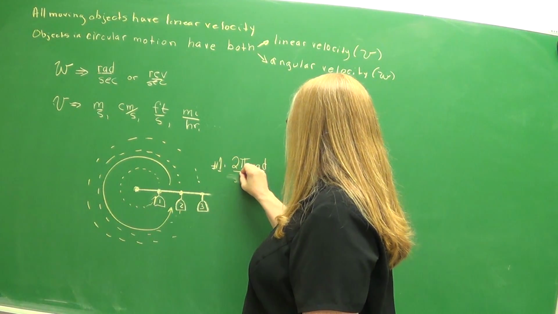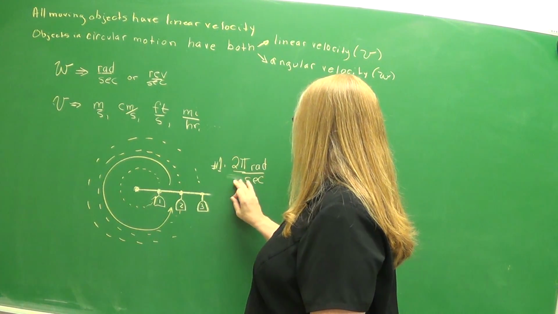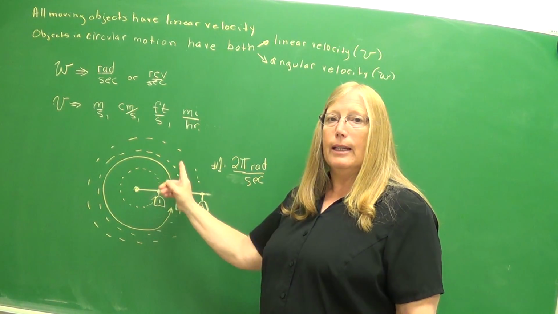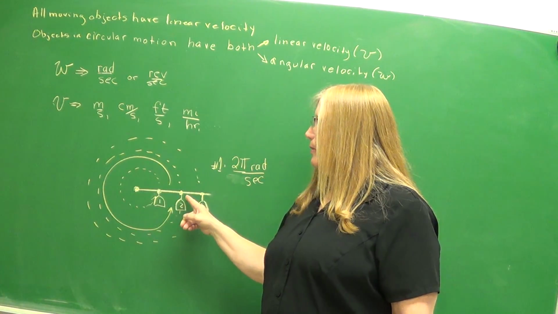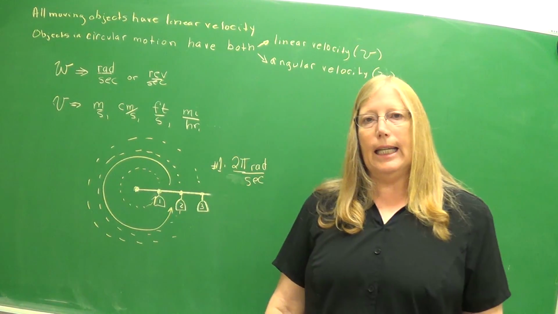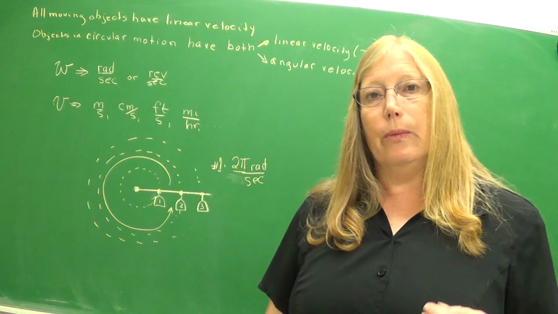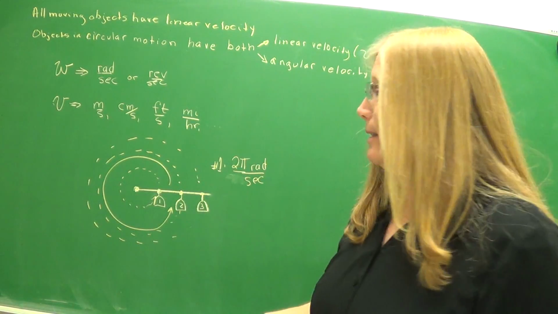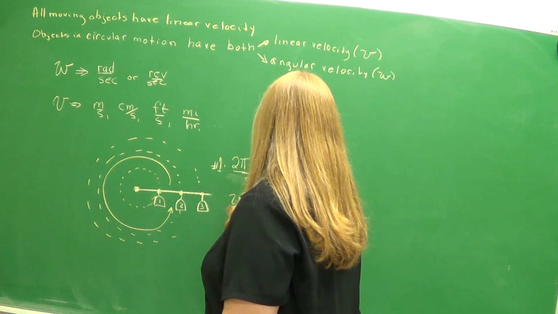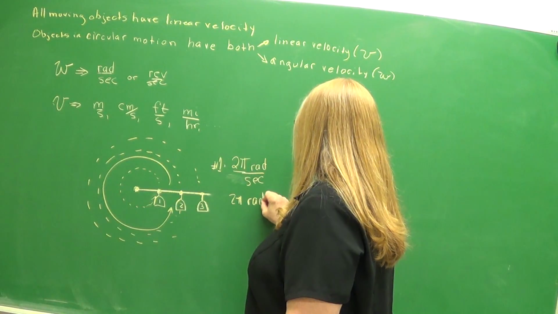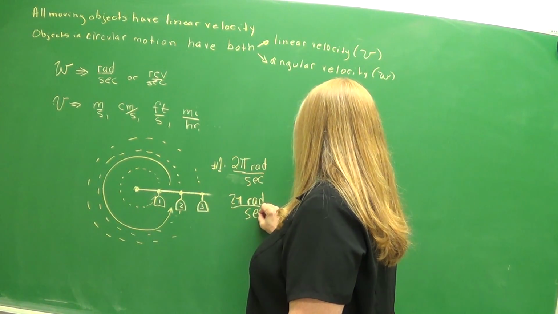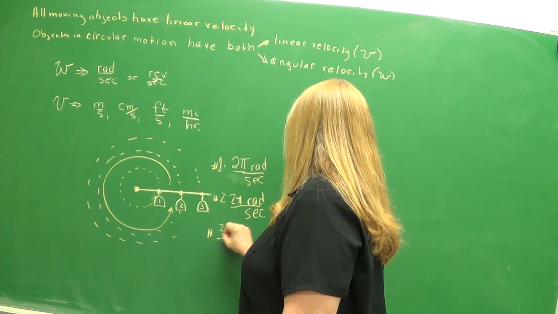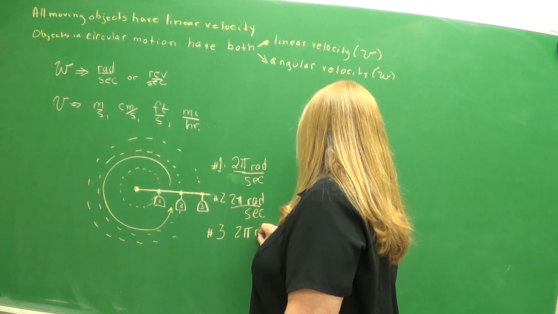What about object number 2? As it goes around, can you see that it goes around 2 pi radians as well? It goes one circle in 1 second, and so does object number 3, 2 pi radians per second.